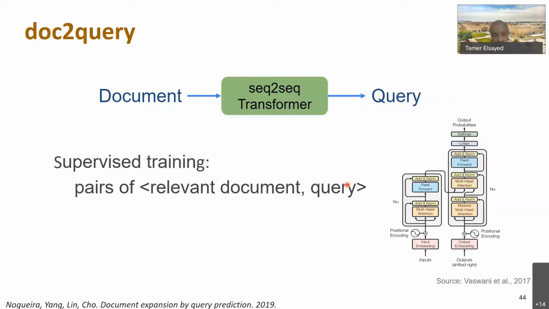Is it clear, Ahlam? Yes, I mean the input for the transformer is the terms of the document. Am I right? For training? Yes. For inference. For training, you add both. You add the document here, and the query here, as we discussed last week.